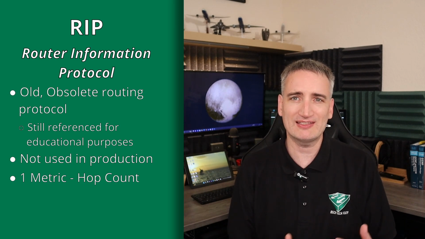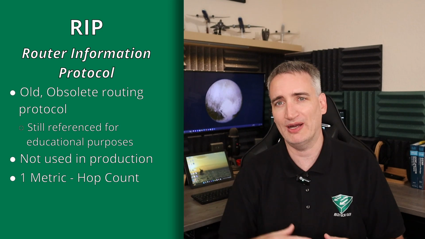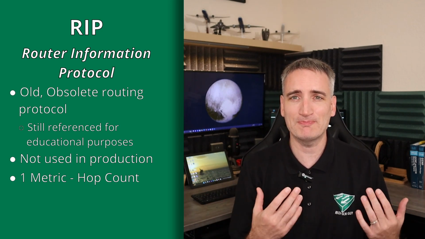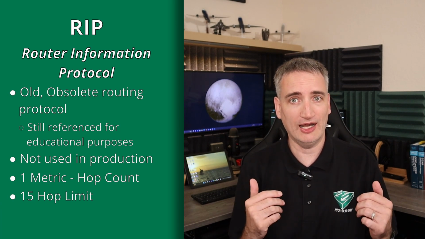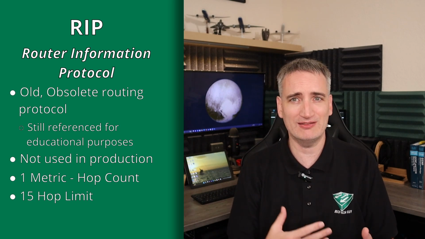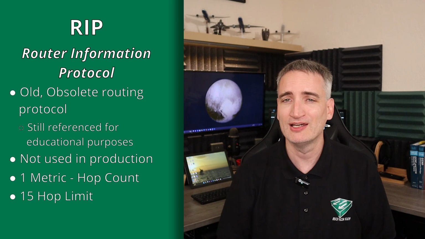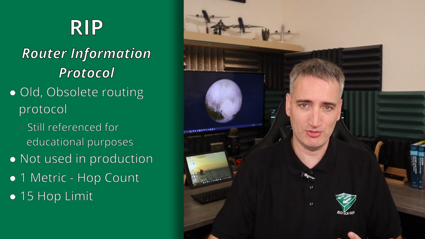It simply calculates how many hops from the current router to the destination router. The other thing about RIP is it has a maximum hop count of 15. So if the destination is 16 or more hops away, you're out of luck. RIP is not going to be able to get the packet to the destination.